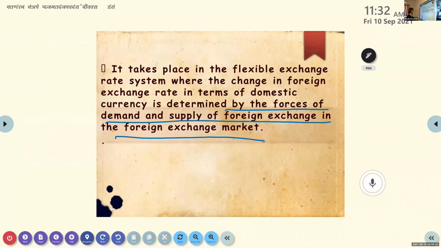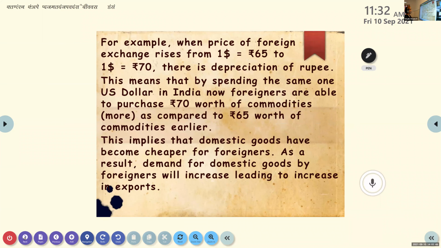Next one. For example, when the price of foreign exchange is rising, from 65 rupees to 70 rupees per dollar, there is a depreciation of the rupee. That means for the same $1, before we used to pay 65 rupees, now we have to pay 70 rupees.